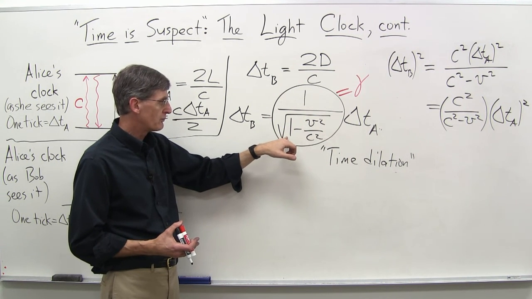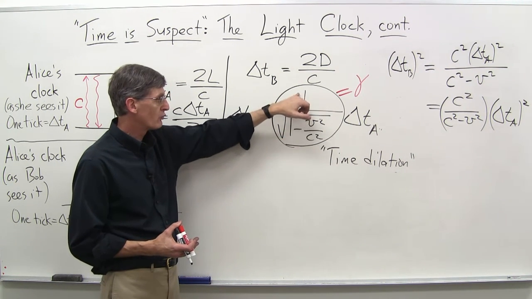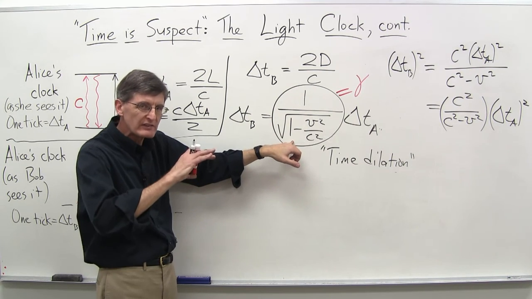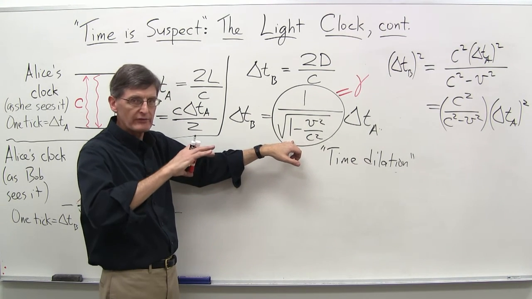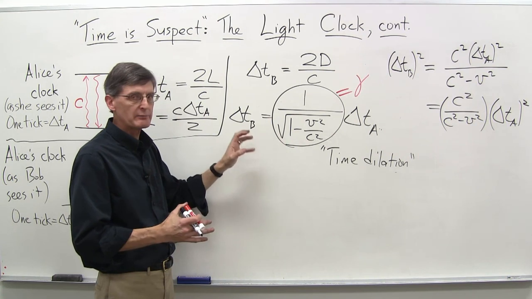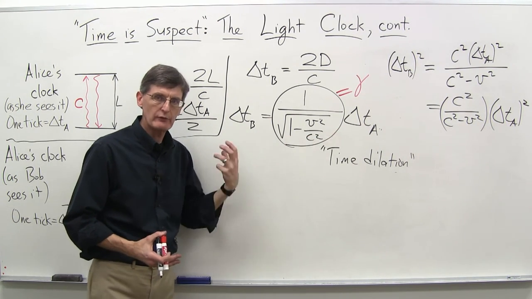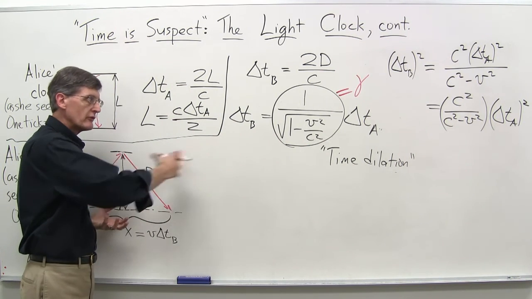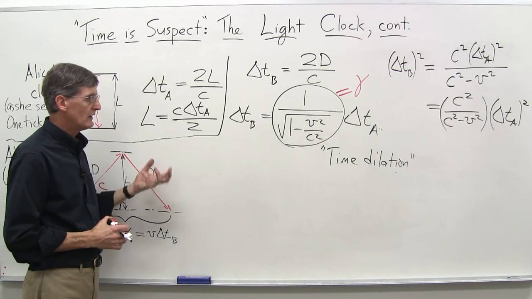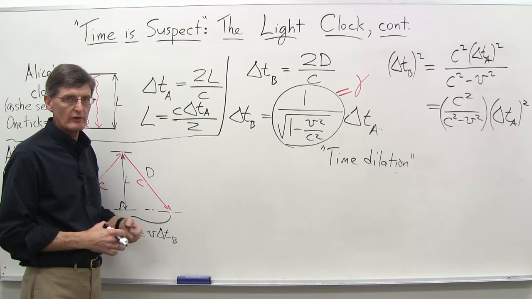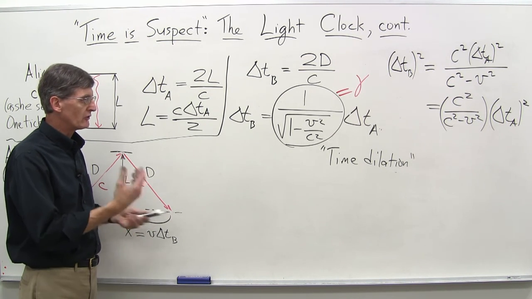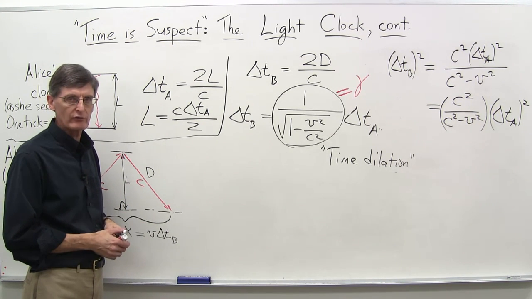This square root is pretty much the square root of 1, maybe just slightly different, but the difference is so slight that for all practical purposes, delta TB equals delta TA, and we don't observe that effect. But when you get the speeds up closer to the speed of light, then this time dilation business comes into play. And so we'll want to explore that a little bit more as we proceed.